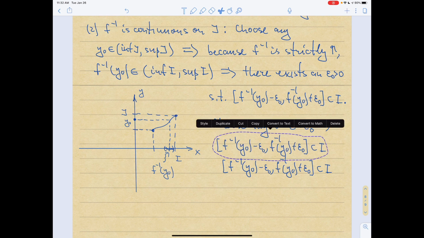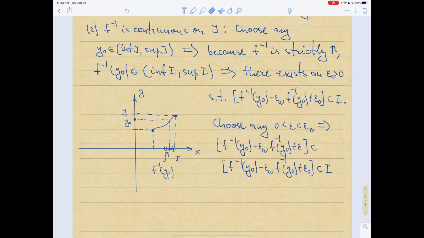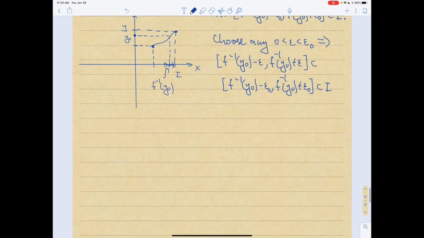So if I get rid of zeros here, then the set of numbers that I'm going to get is going to be smaller than a similar interval with epsilon 0. Okay, so if the larger interval is inside I, then the smaller interval is inside I.